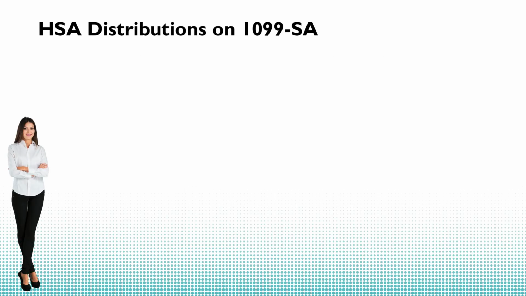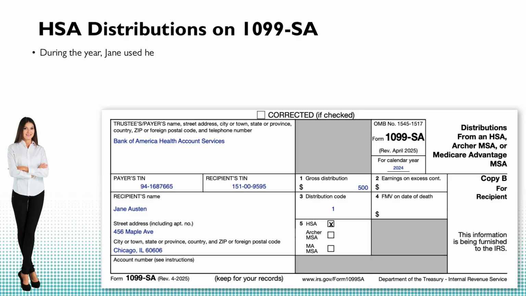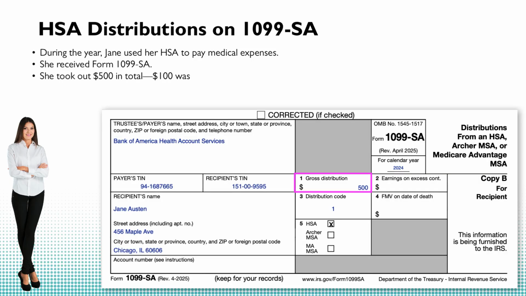Now let's look at how Jane used her HSA during the year. She received Form 1099-SA for her withdrawals. Jane took out $500 in total, $400 went to cover qualified medical expenses, and $100 was spent on non-medical costs.